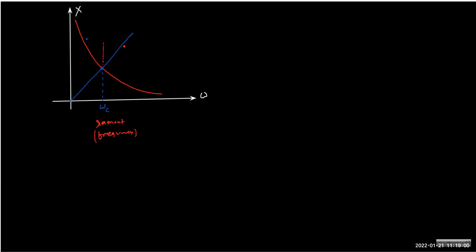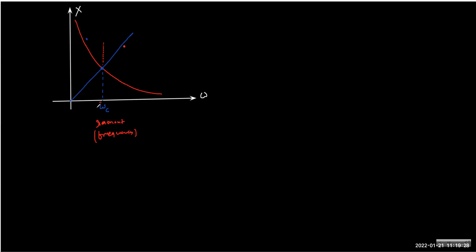And before the resonant frequency, the circuit will behave as capacitor circuit because the X is dominated by the capacitor, not by the inductor. But beyond the same frequency, omega c, the circuit will have a behavior close to inductor behavior. So we name the circuit as inductive or capacitive depending on which one is dominating in terms of resistance.